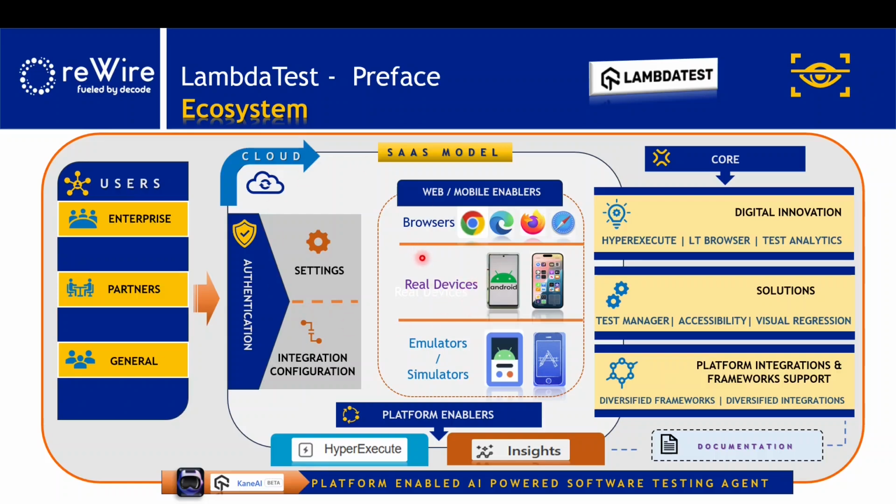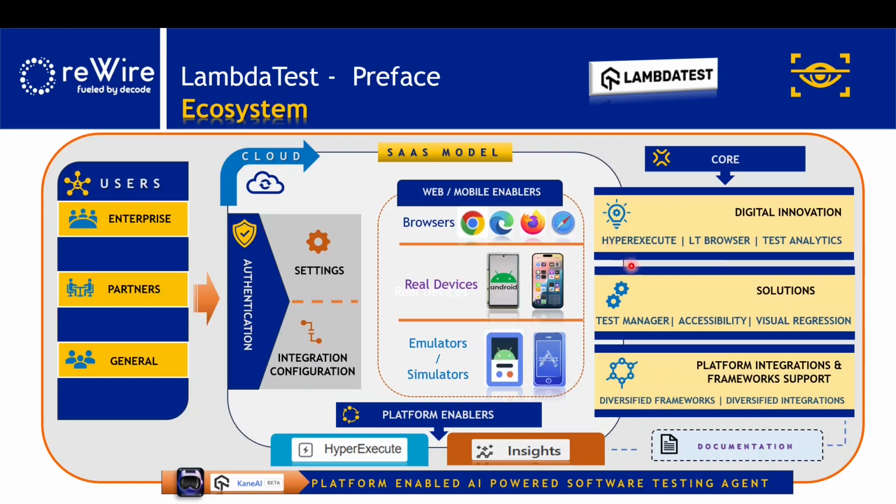So this is about the web and mobile enablers for any cloud platform. Here I have listed out a few. There are many, but these are the key components I have listed under core, which supports the end-to-end ecosystem.